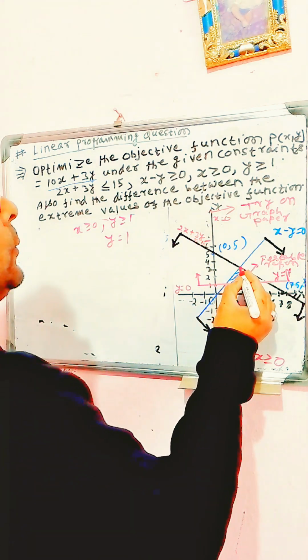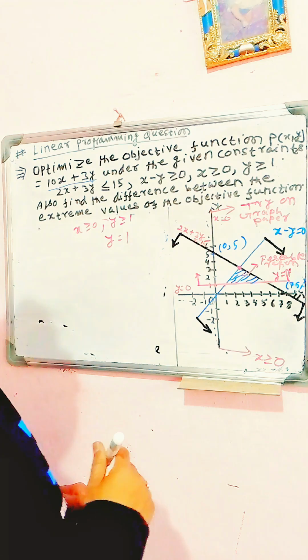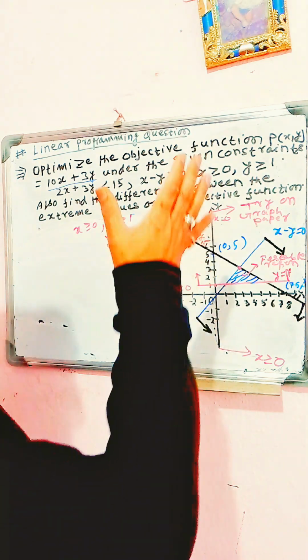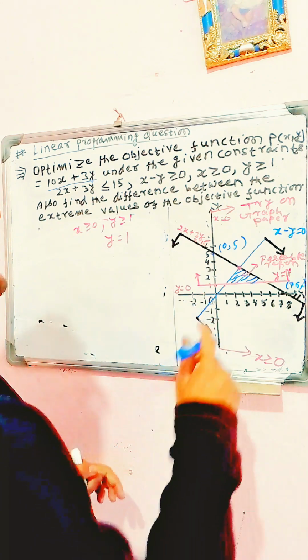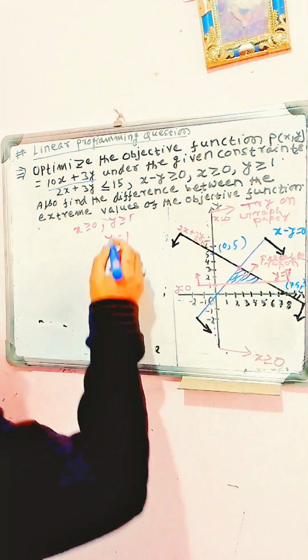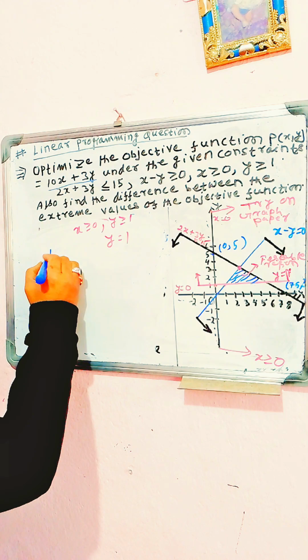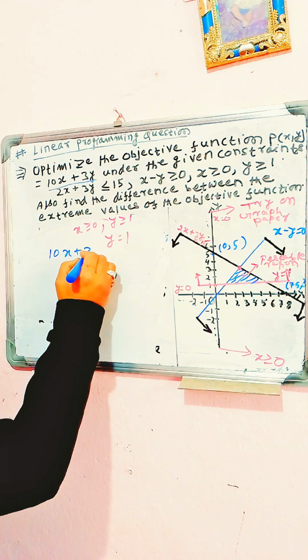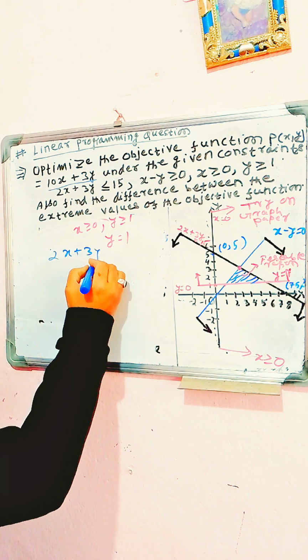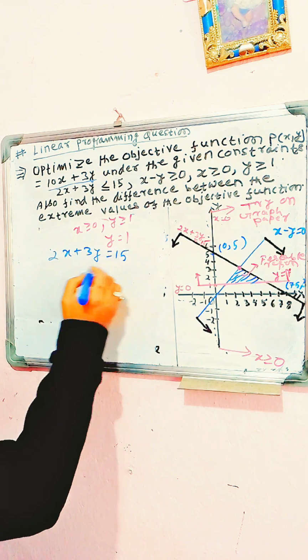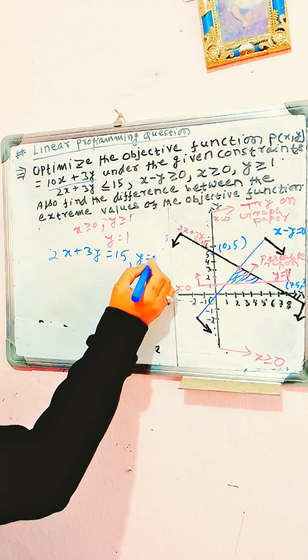Because this region has been captured by all the constraints, in order to do so, from your graph you have to read off this value. But at this time, because I'm not displaying the true graph over here, I'll take the point of intersection between these 2 lines. So we have the equation 2x plus 3y equals 15, and another equation y equal to x.